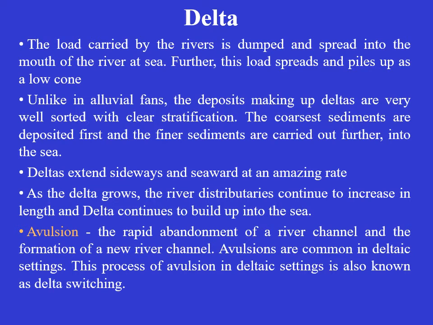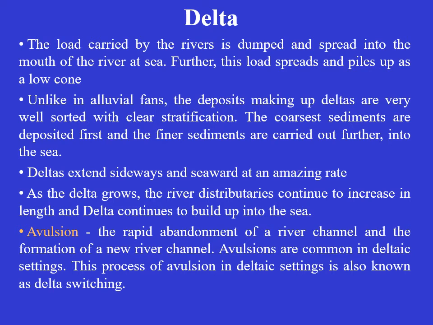exceeds the rate of removal of sediments by waves and currents. Whenever a river deposits sediments in the ocean, the sea waves and currents gradually act on those waters and disperse the deposited sediment at the river mouth. If the dispersal of sediments by sea waves and currents is much higher, then there will be no formation of a delta.